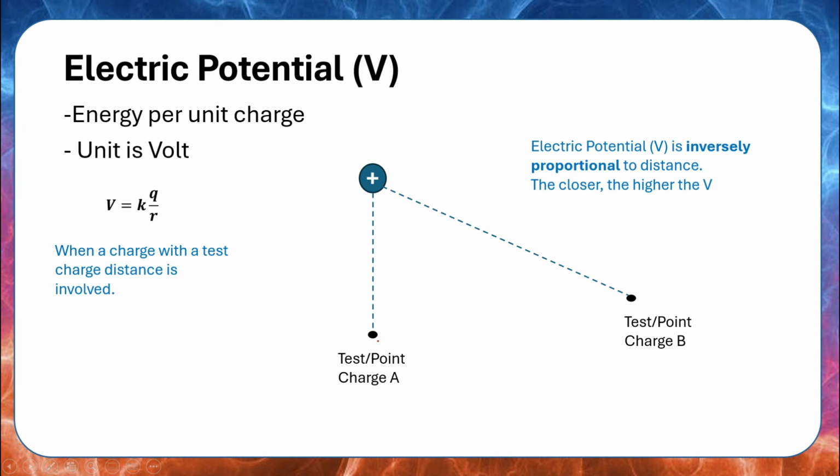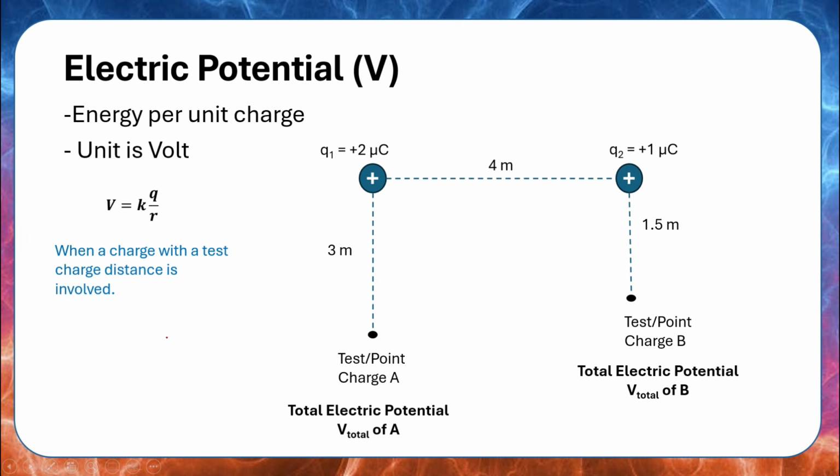This test charge A here is closer to this charge, so test charge A has greater electric potential than test charge B. Both of them have their own electric potential, but test charge A has greater electric potential than test charge B because it has a shorter distance. So the closer the test charge to the charge, the higher the electric potential. The farther the test charge from the charge, the lesser the electric potential. So keep that in mind.